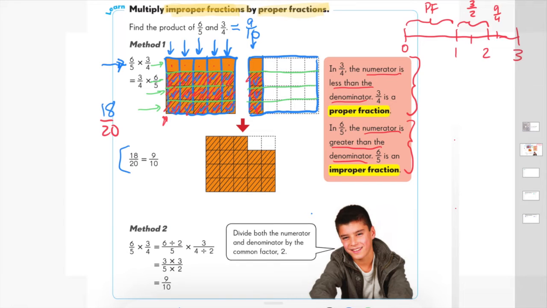We can do a little cross cancellation. If we divide the numerator of 6 by 2, we get 3. And we divide the denominator of 4 by 2, and we get 2. And so then we can multiply. 3 times 3 is 9, and 5 times 2 is 10. And so, just like our model showed, 6/5 times 3/4 is 9/10.